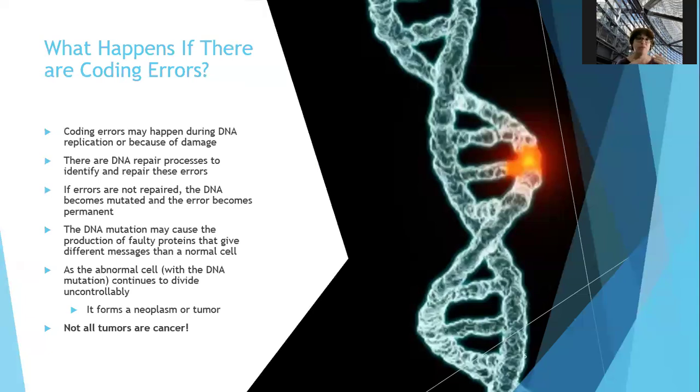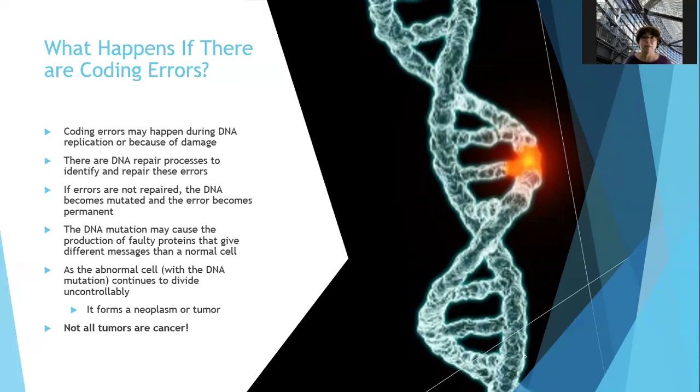There could be damage that happens from environmental factors. There could be other types of damage. So our DNA repair processes are usually pretty robust. We have processes to identify and repair errors in the DNA, but if they're not repaired, then the DNA becomes mutated and the error becomes permanent.